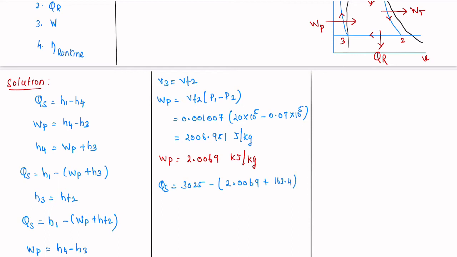By calculation, you can get the value of QS is equal to 2859.79 kilojoule per kg. Now we have found the value of heat supply.